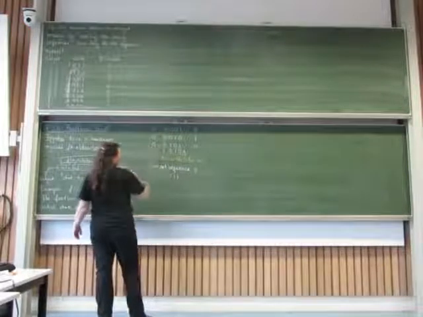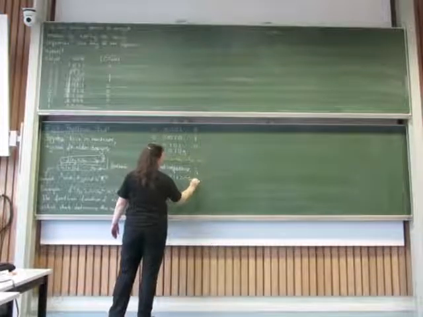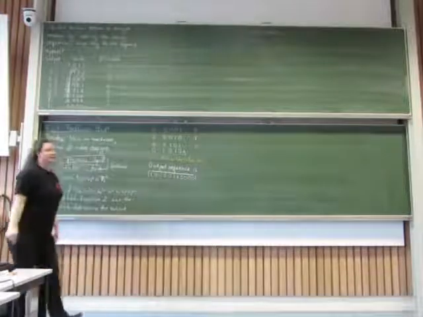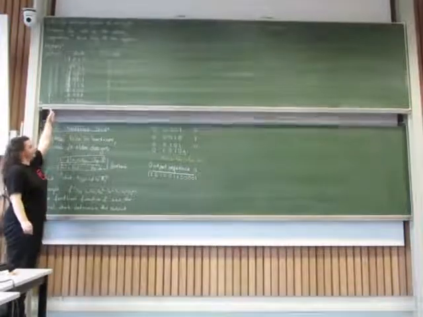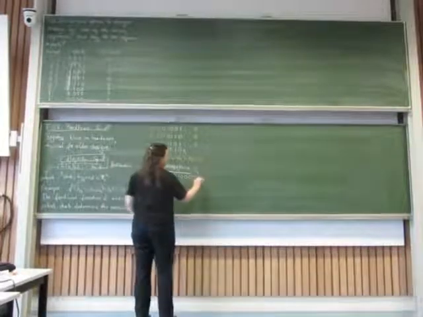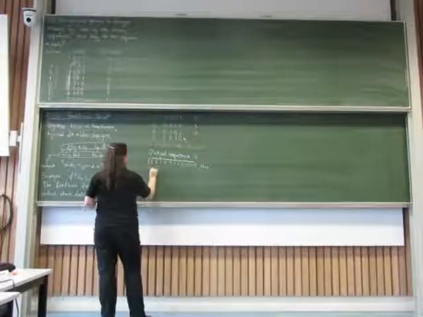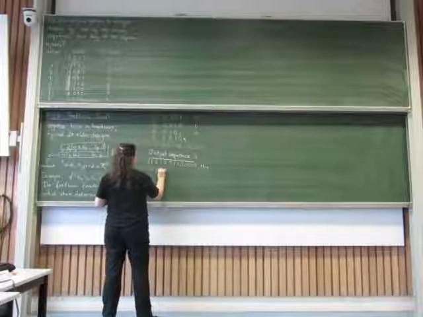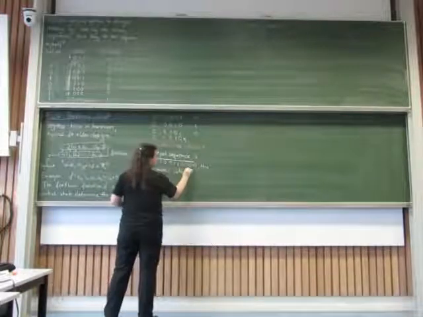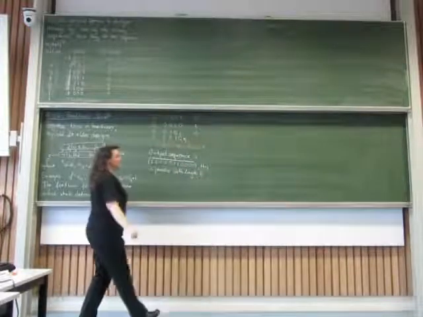And then 4 more ones, 4 more zeros. I put a bar over to indicate this is periodic. So this is periodic. With length, I'll quickly count, this is length 11.